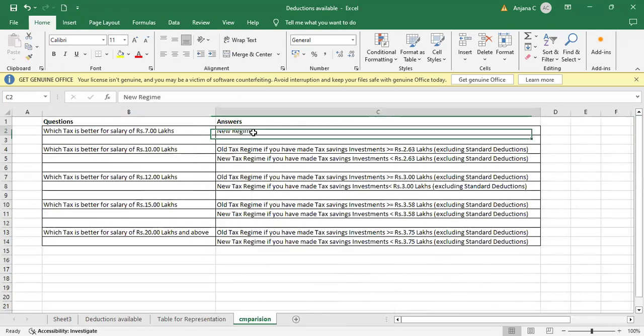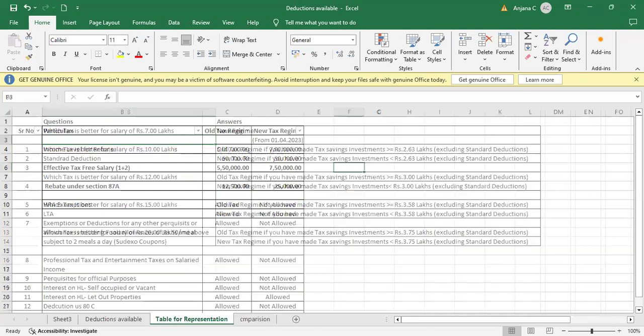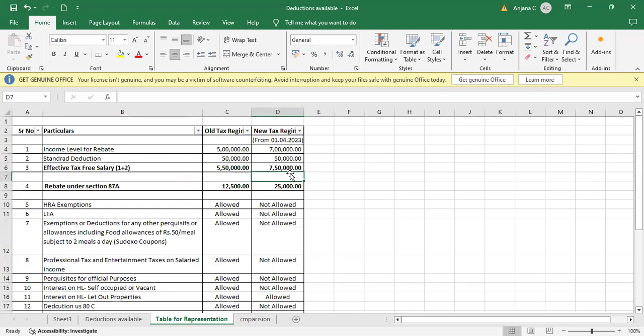So if we compare the old regime and the new regime based on salary levels, we come to the following conclusion. If your salary level is 7 lakhs, the new tax regime would be beneficial. Why? Because, as already explained, the effective tax-free salary has been increased from 5.5 lakhs to 7.5 lakhs under the new tax regime.